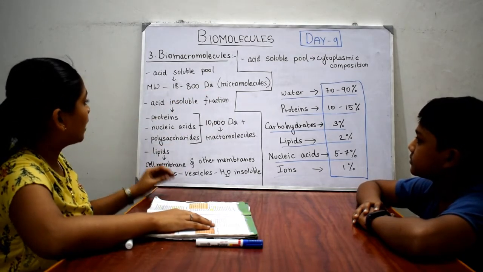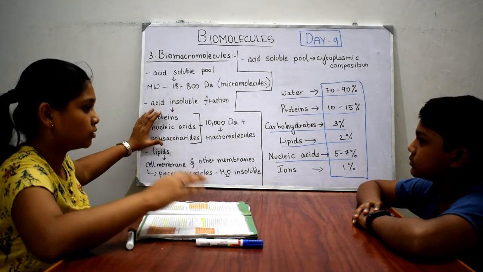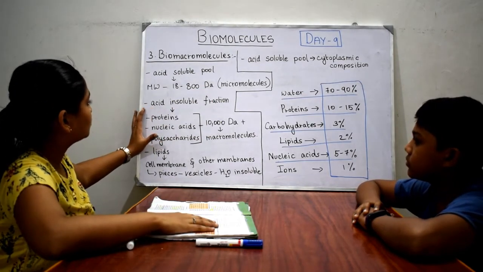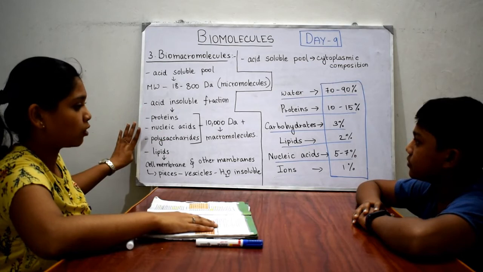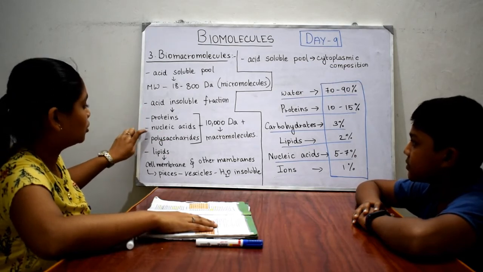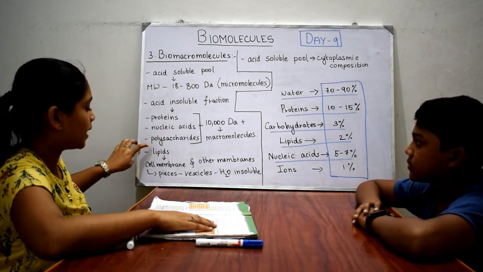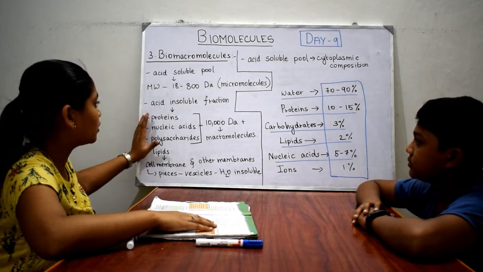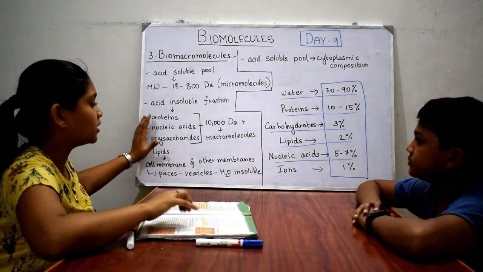The acid insoluble fraction, which settles down, contains four types of molecules: proteins, nucleic acids, polysaccharides, and lipids. These are not present in the acid soluble pool.